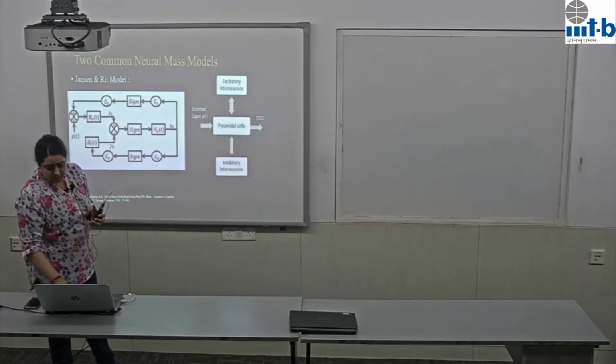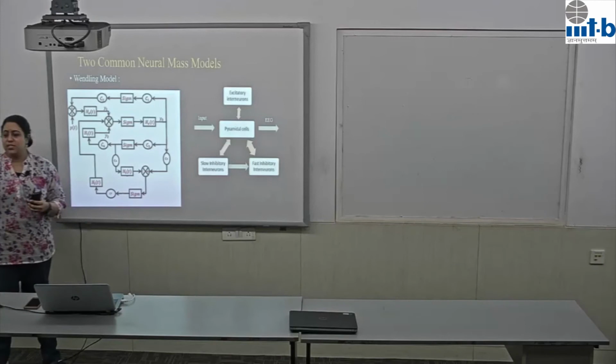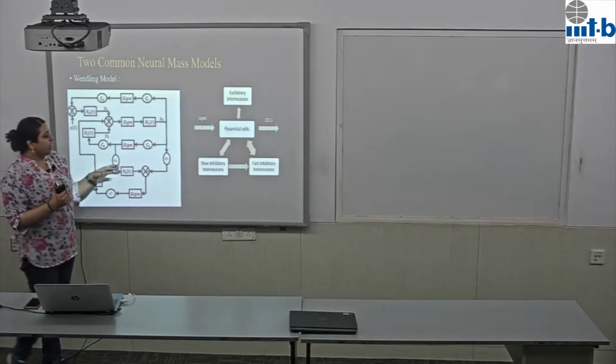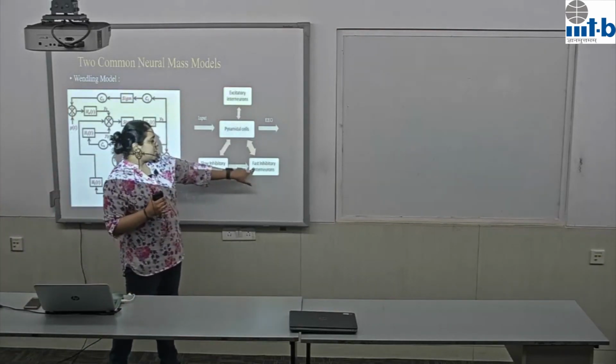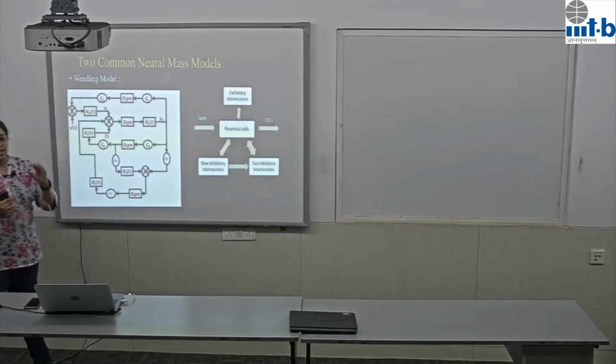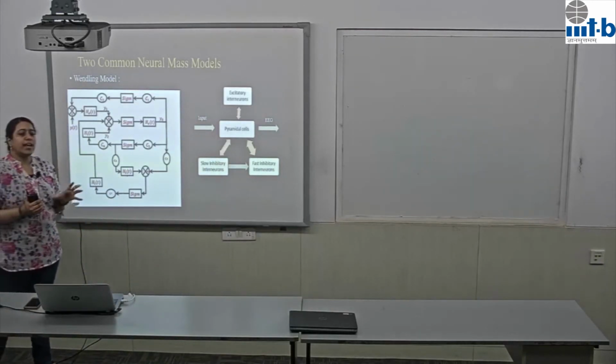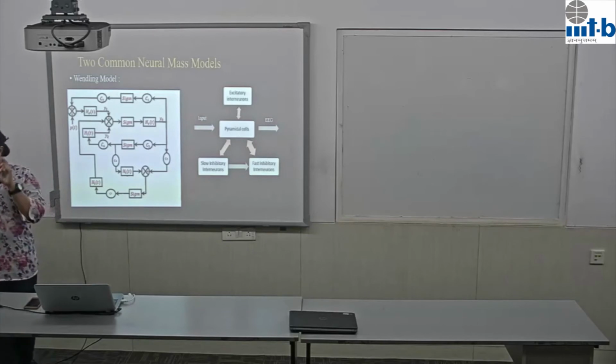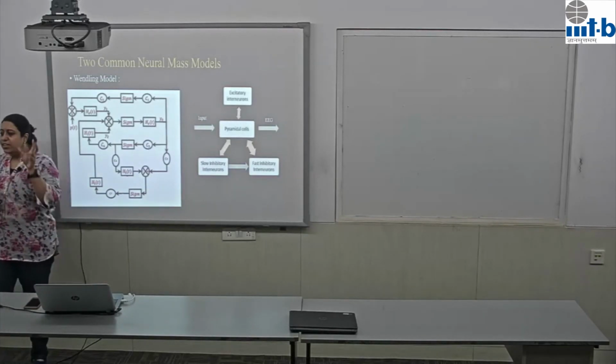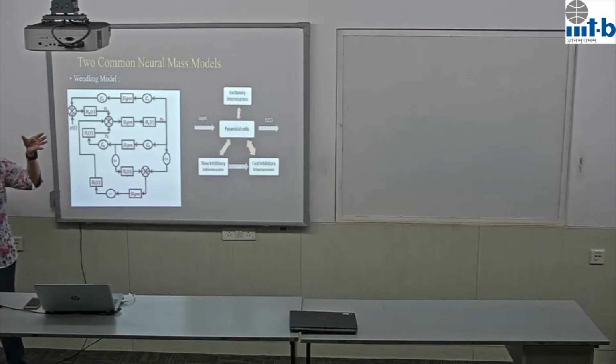The next one is the Wendling model, which is a 2002 model. Here he has included two types of inhibitory interneurons. The reason is he found that the inhibitory neurotransmitter is present in the dendrite as well as the soma of the neuron.